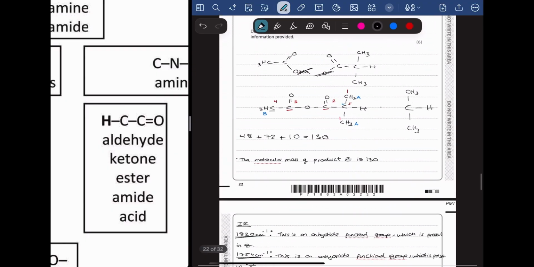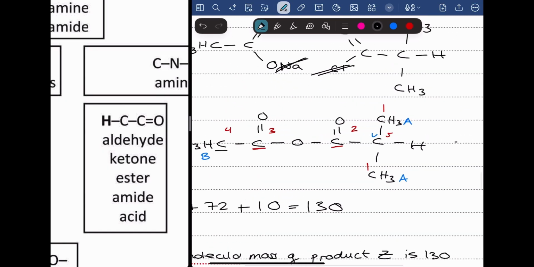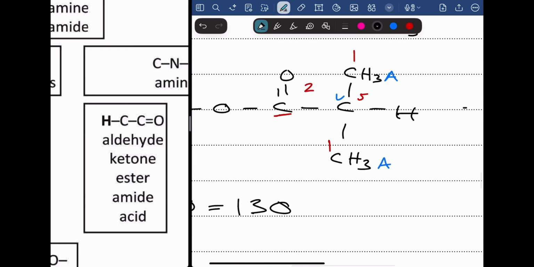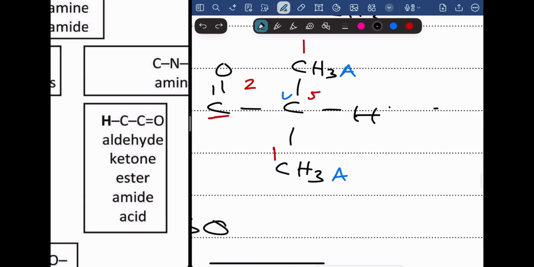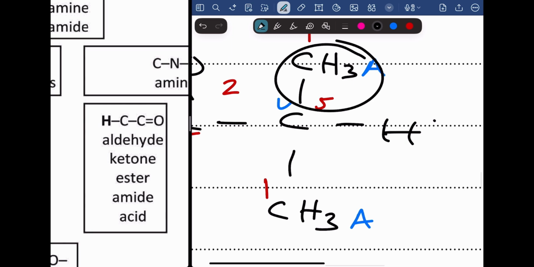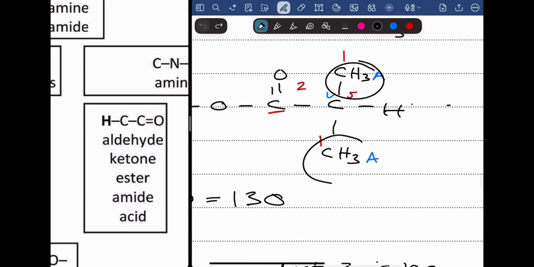Okay, so now if we look at our product, we can already really tell what this would be. And this would be this hydrogen here. And the reason for that is it's a single hydrogen in one environment, which matches up with our peak area of 1. And then we have the carbon it's attached to, which is this. And then we're looking at the adjacent carbons. But notice that because these two groups are in the same environment, we can count them as 1, okay?